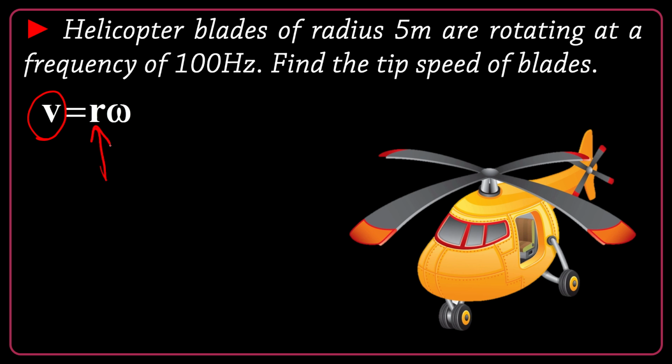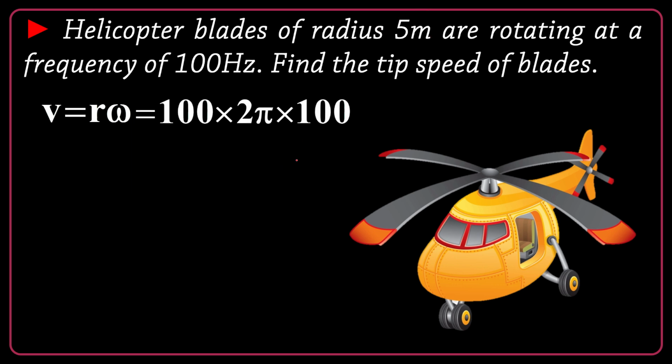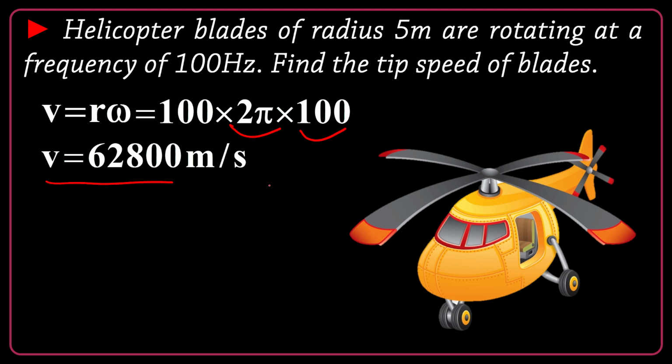R is the radius. The radius of the blade is given to be 5, and omega is going to be 2 pi times frequency. Frequency of rotation is 100 hertz. Let's plug in the values, 2 pi times frequency. And here I will have 62,800 meter per second. It's a very high speed, as you see.